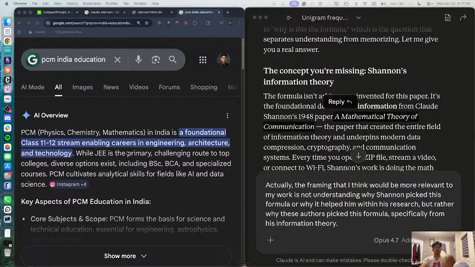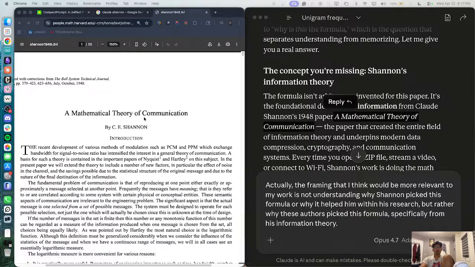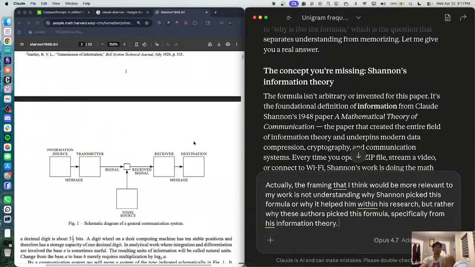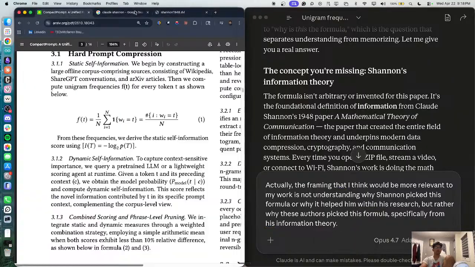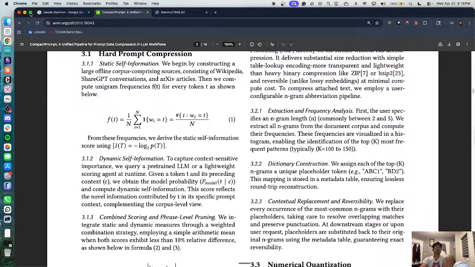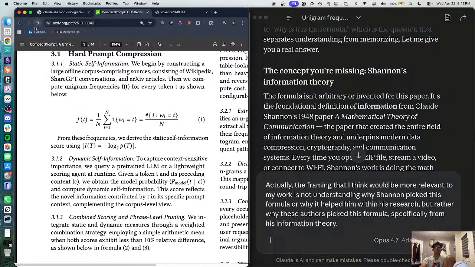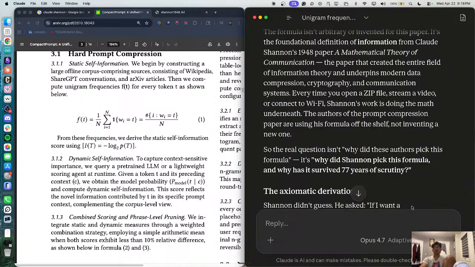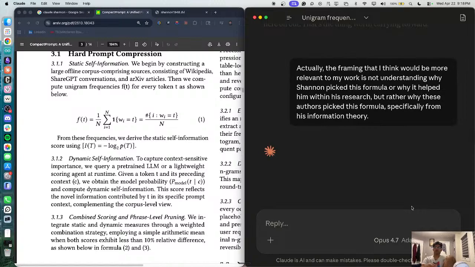Okay, so this is basically the paper that is being used in this paper. Great. Okay, so let me just go ahead and send this off and let's see what Claude gives back.